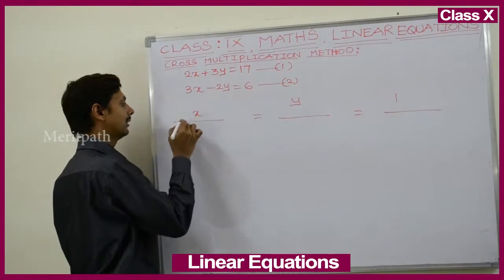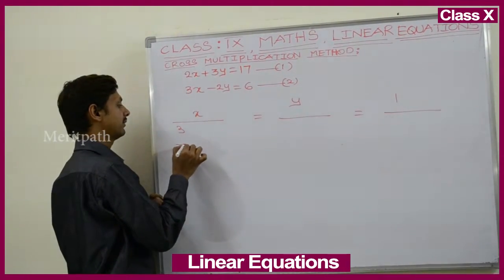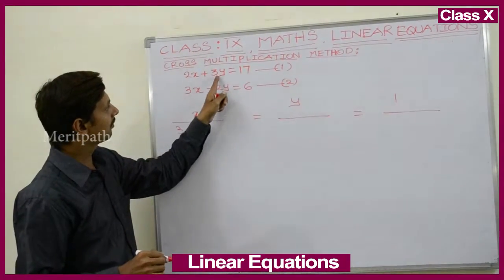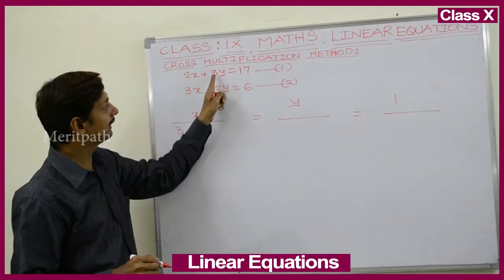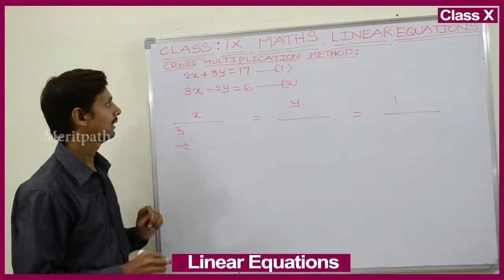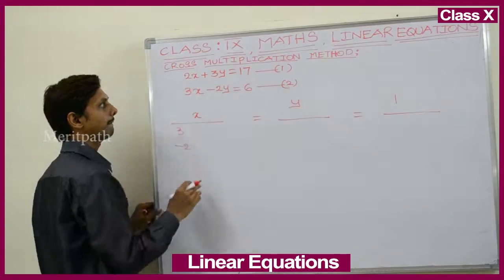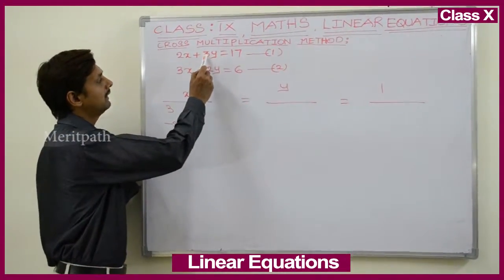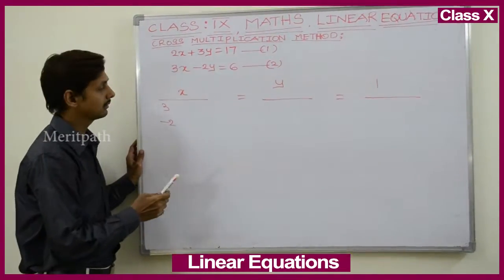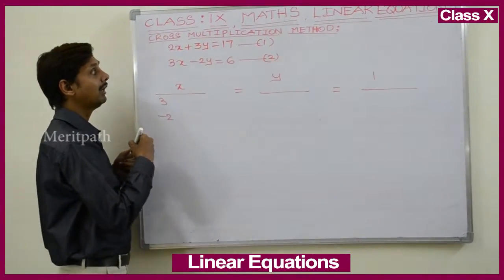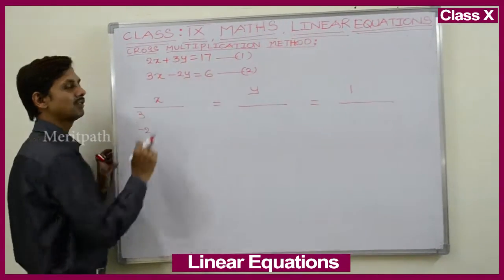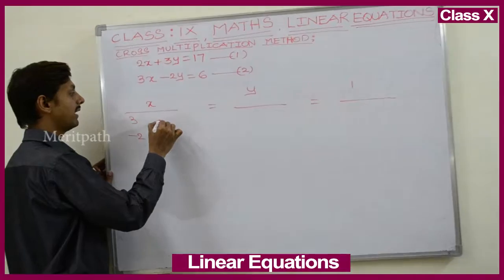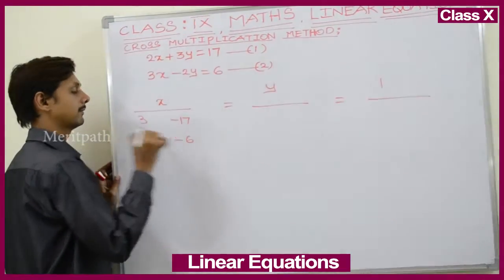The y coefficients are 3 and minus 2, and the constant values are 17 and 16. When we write in standard form, it becomes minus 17 and minus 6.